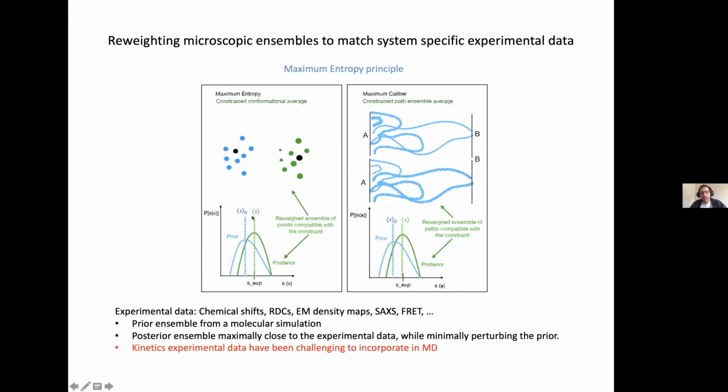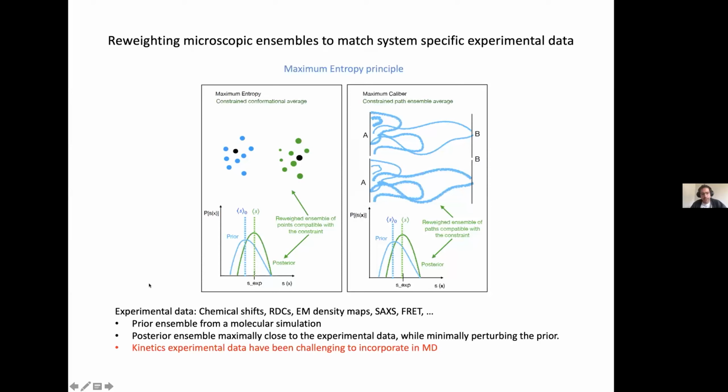So you need a way to reweight your prior ensemble so that you move to a different distribution where the average is as dictated by the experimental observable.